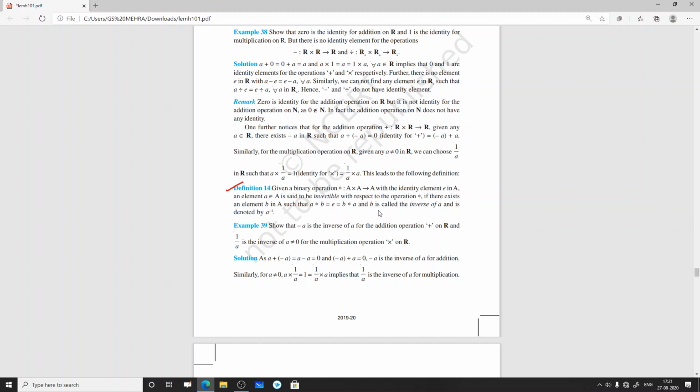That means we can find the inverse with respect to the operation star if there exists an element B in A such that A star B is equal to E and also B star A equal to E. In that case we say that A and B are inverse of each other, and we write B as A inverse. So B equals A inverse, and it is to be noted that A inverse is not equal to 1 by A. It simply means that when we operate A inverse with A, we get the identity element E.